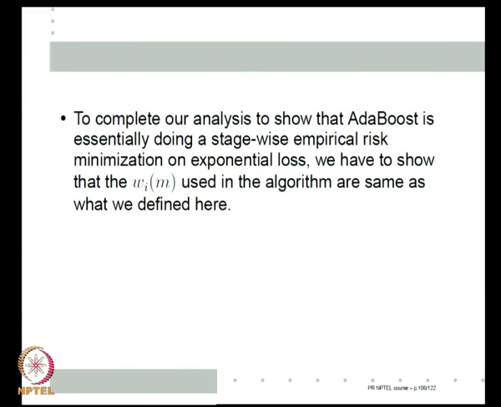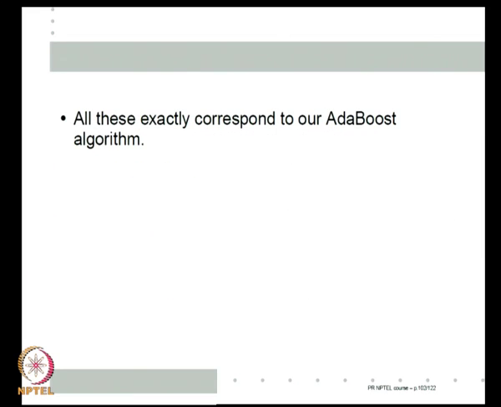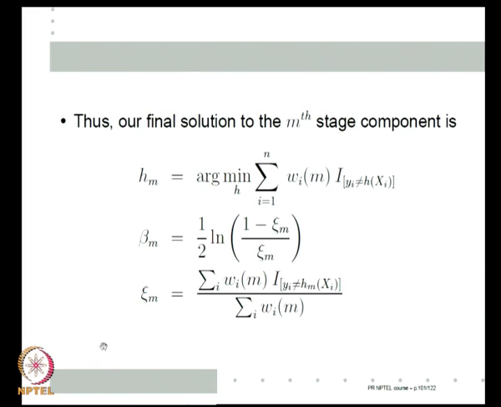Now, what we are showing is that essentially what we learn is what the AdaBoost algorithm is doing. So, if we are essentially doing empirical risk minimization using the exponential loss function, the factors we get are the same as what we get in AdaBoost, if this w_i is the same as the way the weight behaves in AdaBoost.